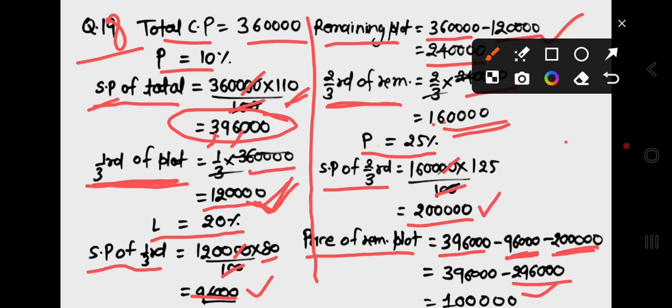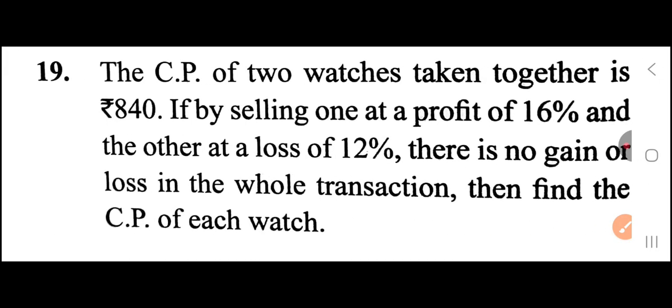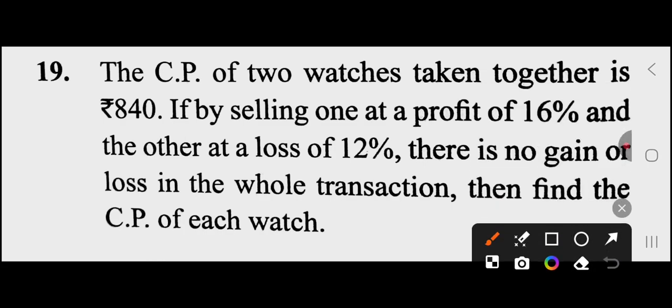Okay. So one more question is left in this exercise. So let's proceed to question number 19. This is our question number 19. Okay, see, the CP of two watches taken together is rupees 840.